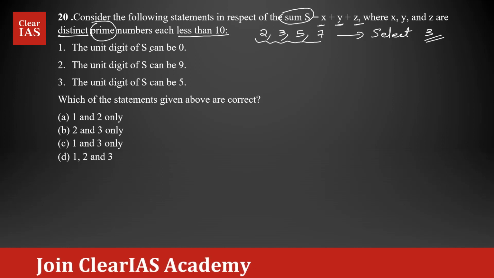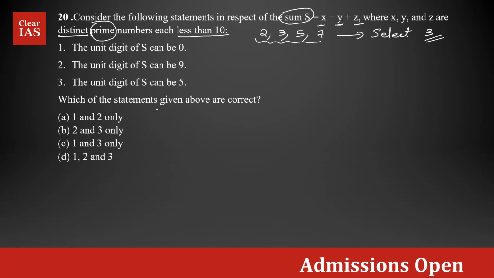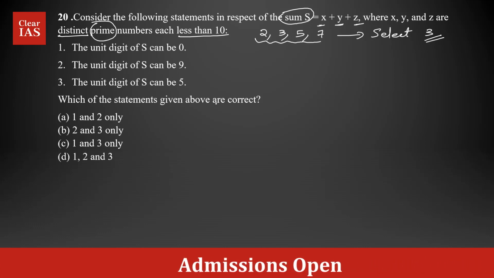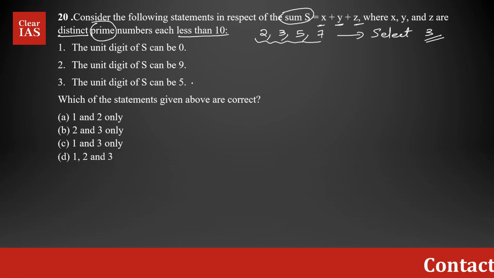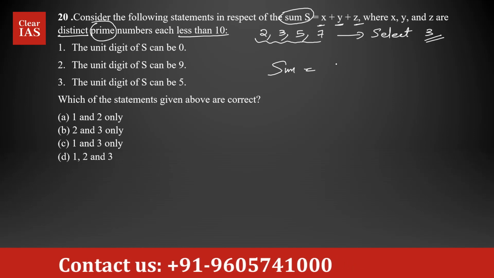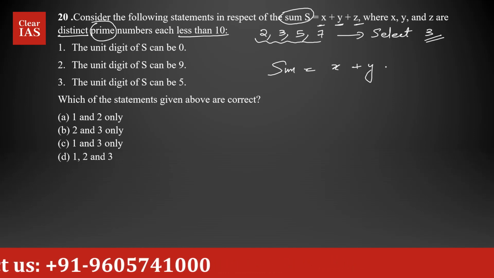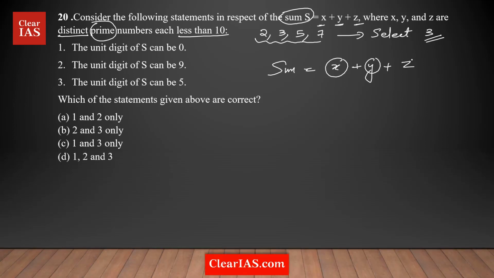And the question is asking about 3 statements given. The unit digit of S can be 0, the unit digit of the sum can be 9, or it can be 5. There are 3 statements, and which of the following statements given above are correct? So the best way to solve this question is to figure out what different combinations are possible for the sum S. The sum is x plus y plus z, and x, y, z are distinct prime numbers.